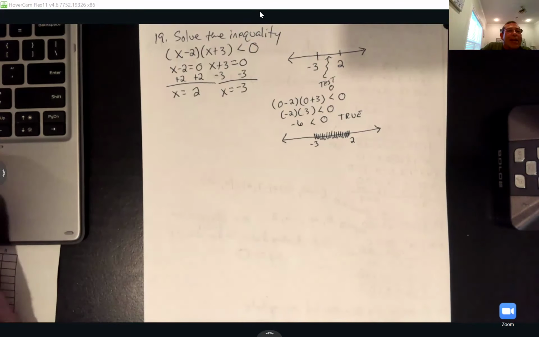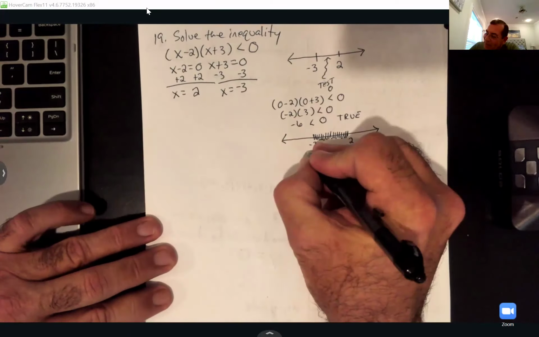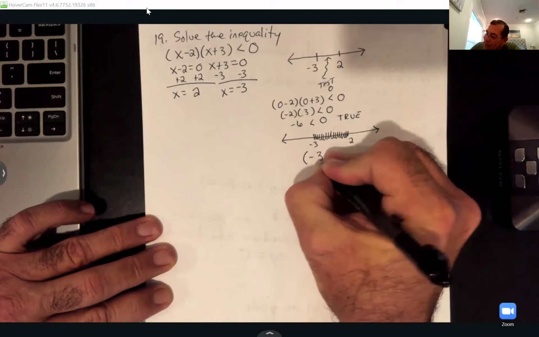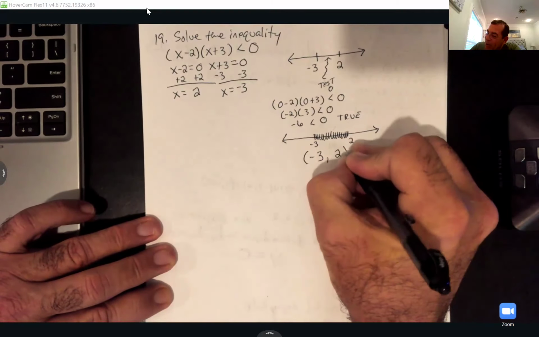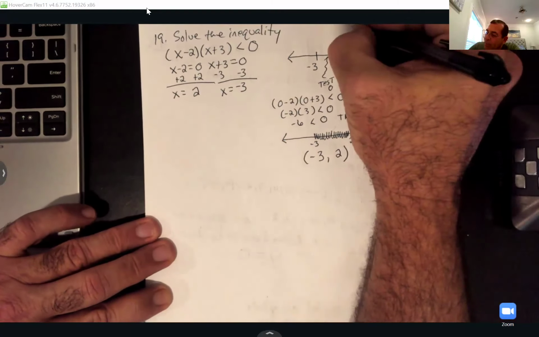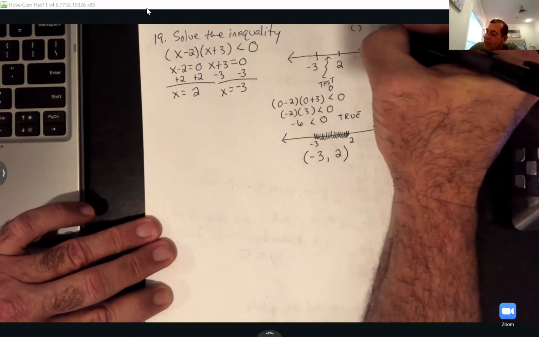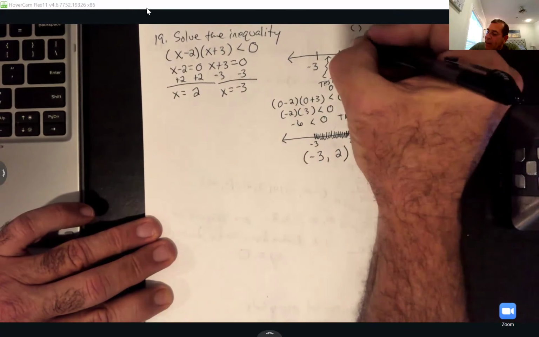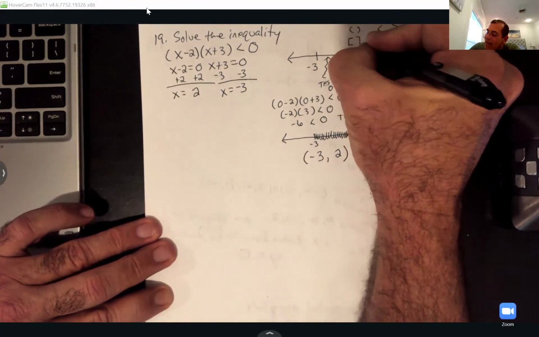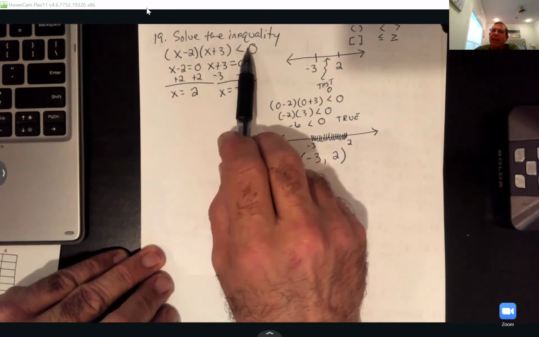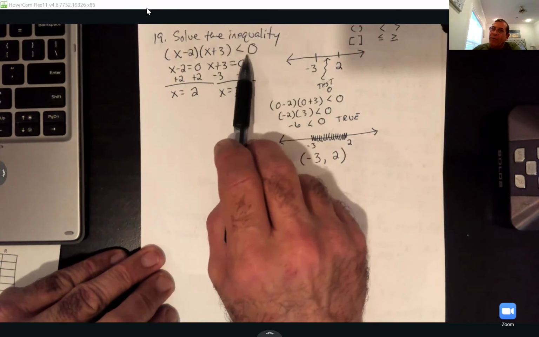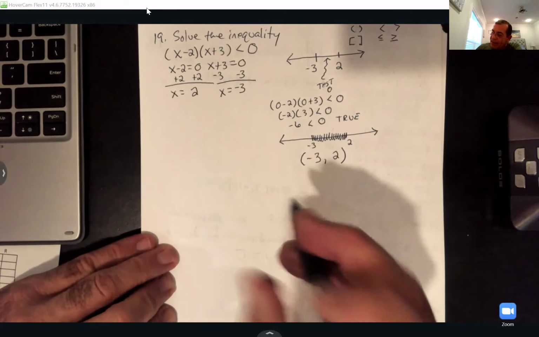Oh, those look like brackets. So now, there you go. We want parentheses. So it's got to be parentheses, y'all, on those numbers. Remember, parentheses if it's less than or greater than, brackets if you got the equal. But all of these have been less than that I've seen so far, so they all had parentheses.